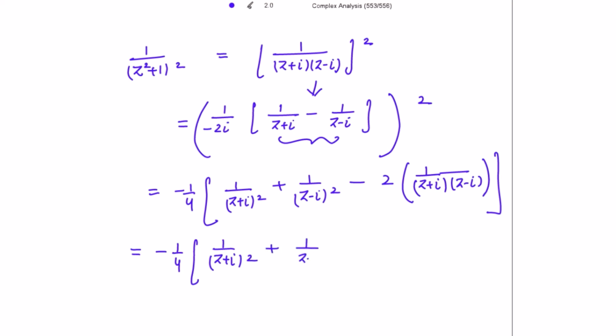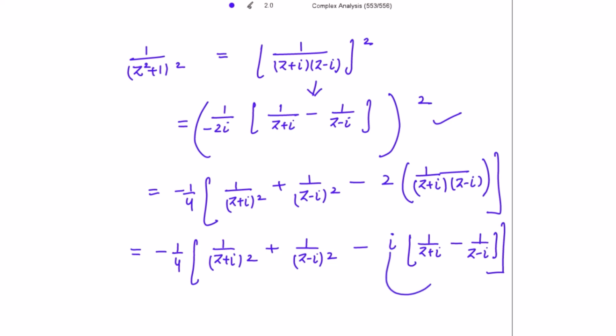writing the second term as it is, and minus twice. We need to make again the partial fractions for this, and we have already made in the second step. So rewrite the second step for this. 2 cancelled out, we have 1 divided by iota, and if I rationalize this, I just multiply and divide by iota, I get iota divided by iota square, that is iota divided by -1, which is minus iota, right?